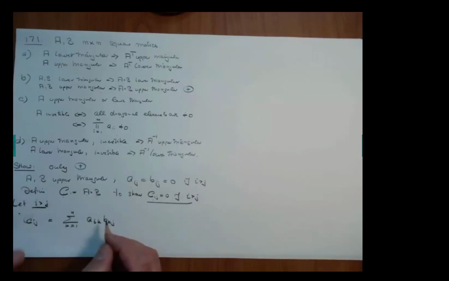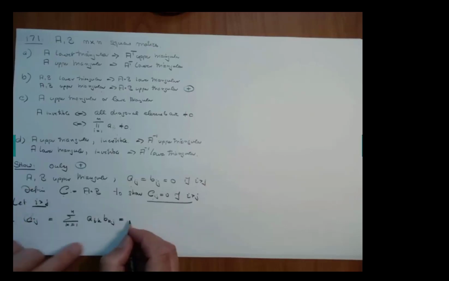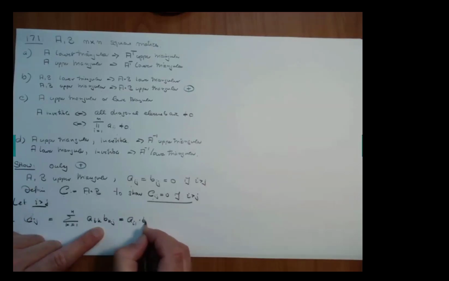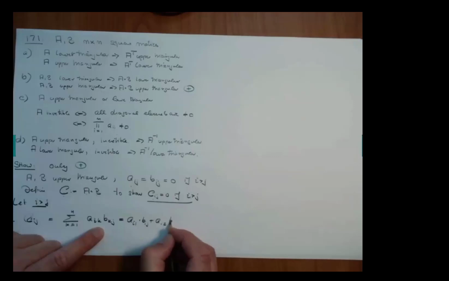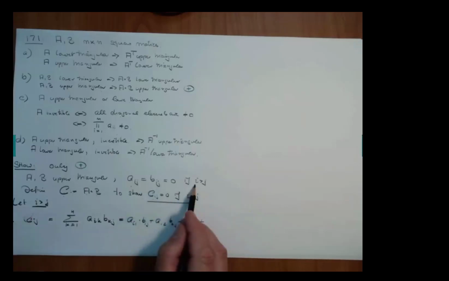So this time I go backwards. Usually I say the sum is better because it's shorter and shows what it really does, but this time I do it the other way around. So that's a_i1 times b_1j plus a_i2 times b_2j plus dot, dot, dot. The important point is that the switch comes along the diagonal.